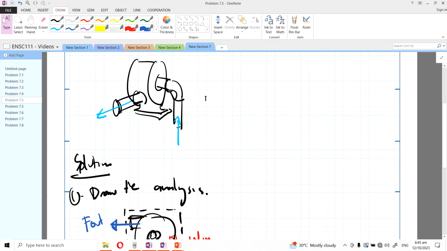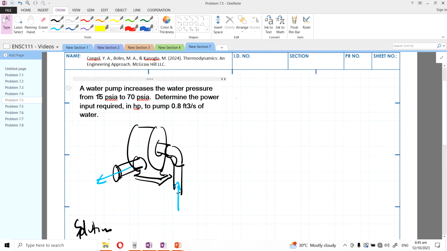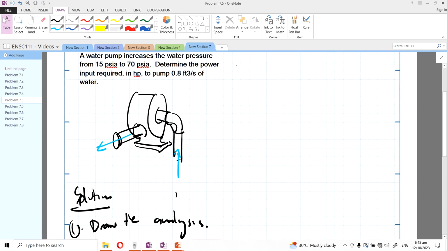That's why the pressure there is constant for fans. But pumps have a higher pressure capacity, so we can see this significant change in the pressure.